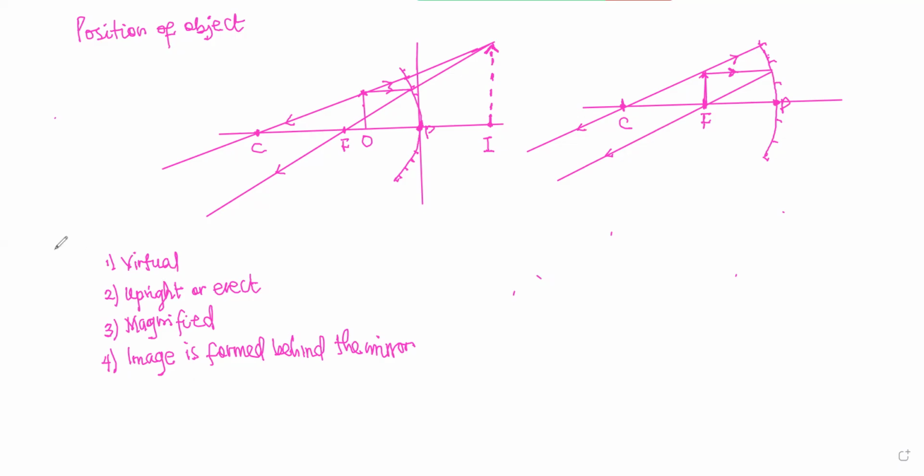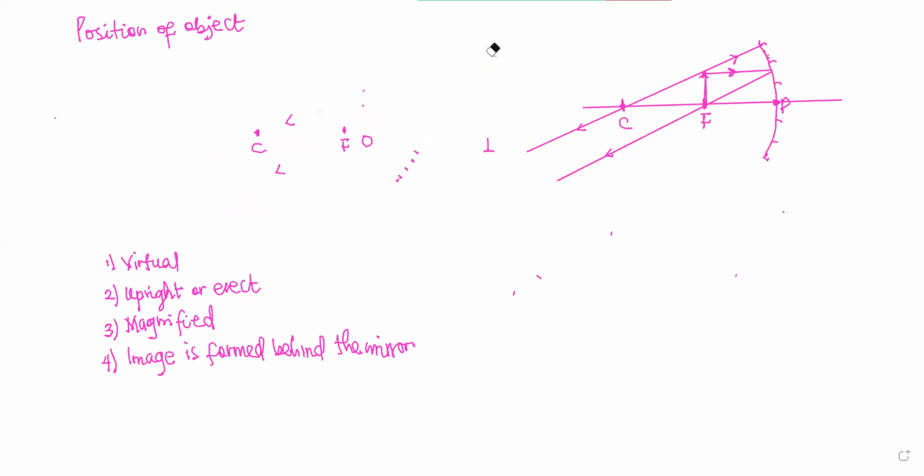Now, if your measurement is done very well, what you realize is that the two reflected rays will be going in that parallel manner. Mine is not absolute.